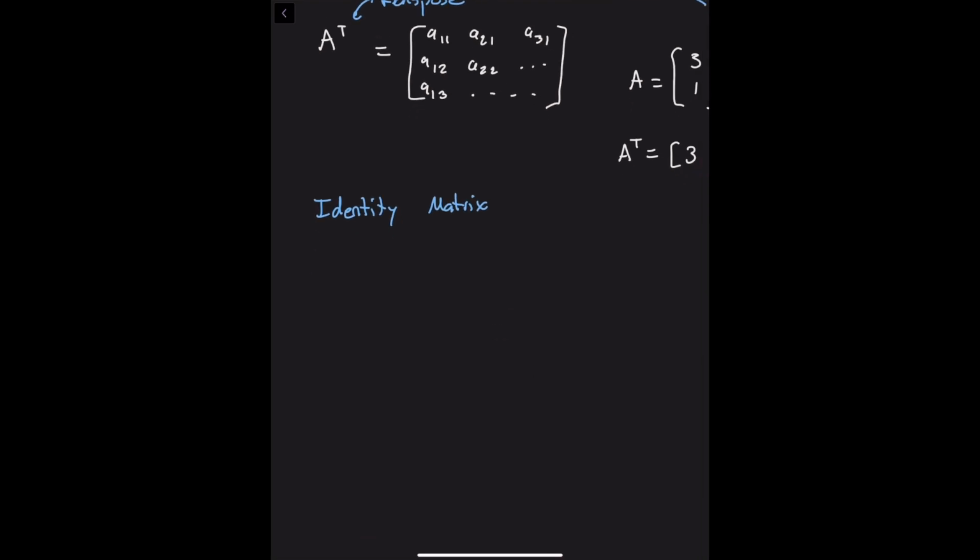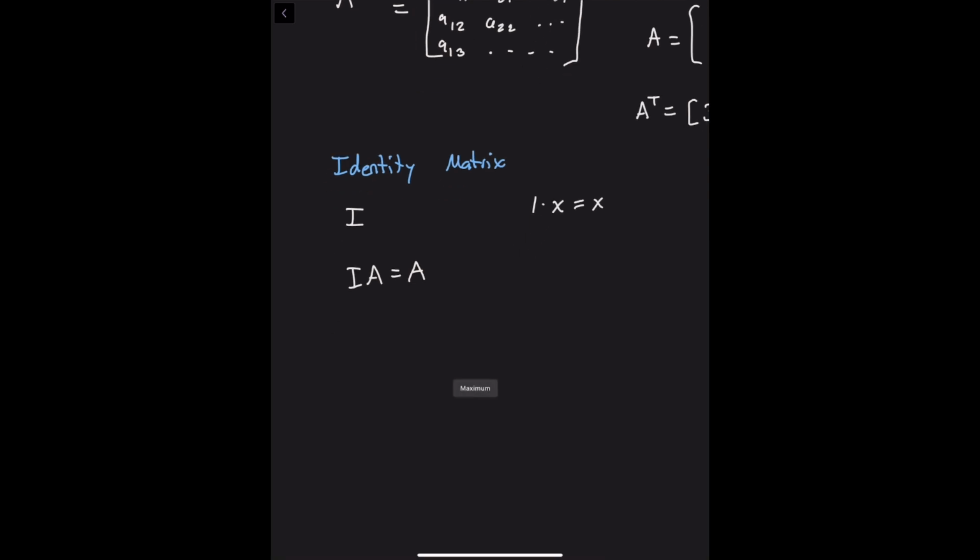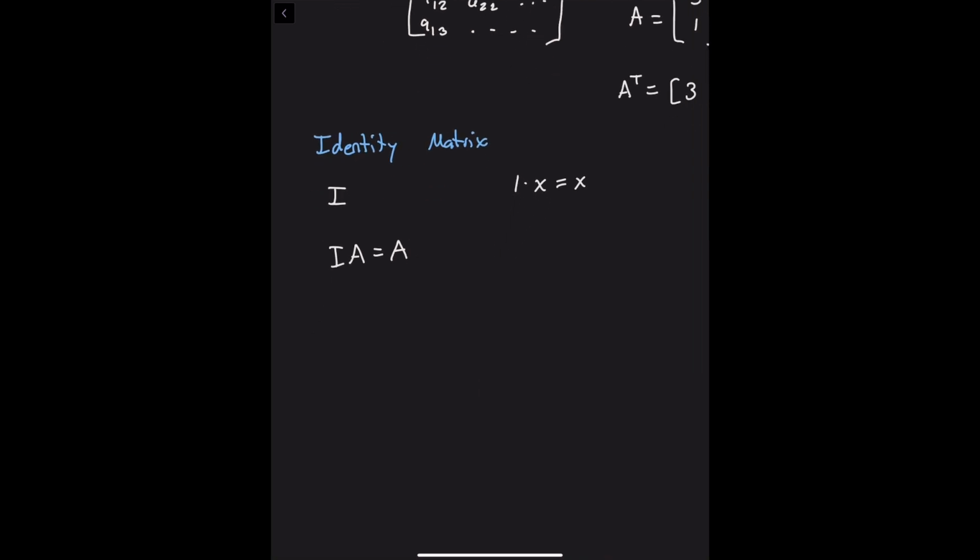We're going to call it I. We want it to satisfy the property that I times A is just going to be A. Just like if we have a number x, 1 times x is equal to x. And because matrix multiplication isn't the same when you swap the order, we also want it so that AI is also A.